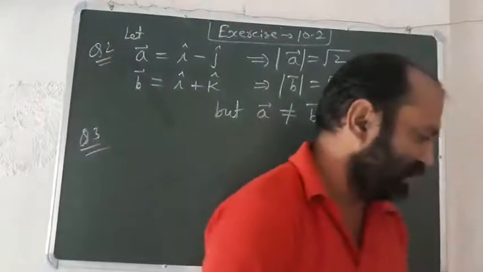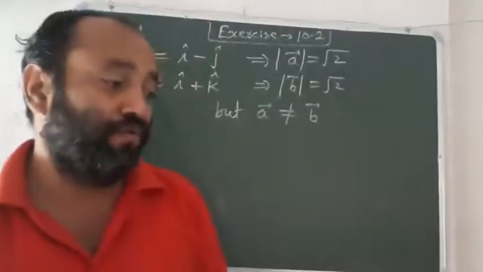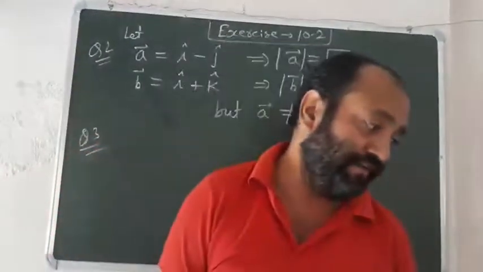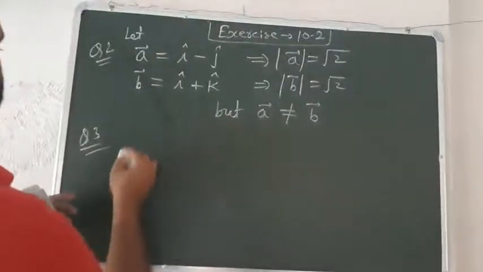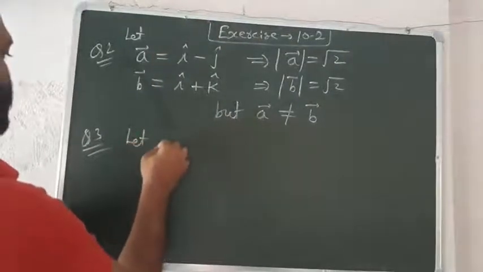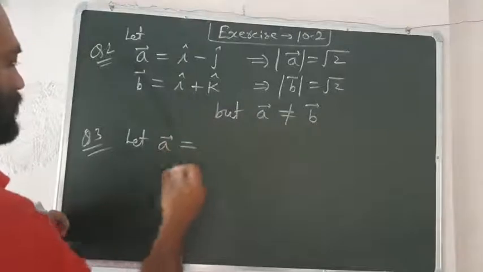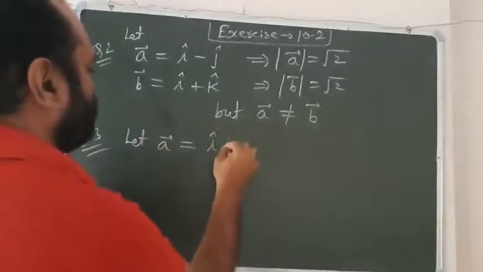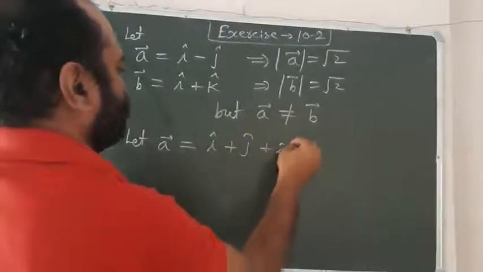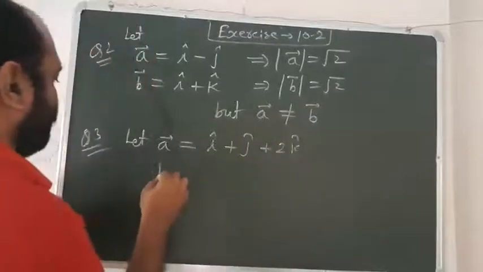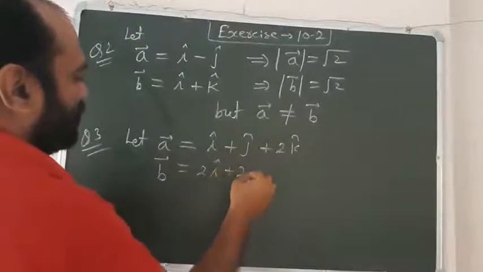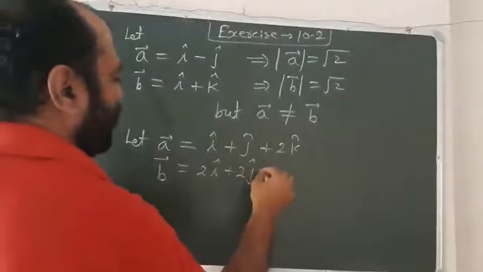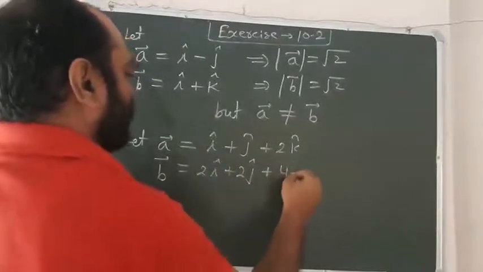And in the third question: write two vectors having the same direction. So here you take a vector equal to i cap plus j cap plus 2k cap, and b vector you take as a scalar multiple, like multiplying by 2: 2i cap plus 2j cap plus 4k cap.